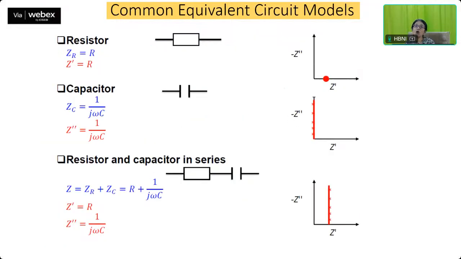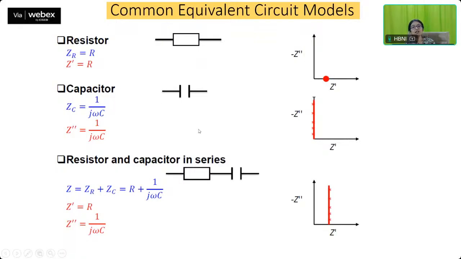So now let's see how your different circuit elements are going to contribute when you are plotting them as a Nyquist plot. So in a Nyquist plot, as I said, there is Z prime and Z double prime. Z prime is on the x-axis, which is the real axis. Z double prime is the imaginary axis, and this is on the y-axis. So if you have a resistor, then this resistance value is going to come right on the x-axis because resistance doesn't have any imaginary component to it.